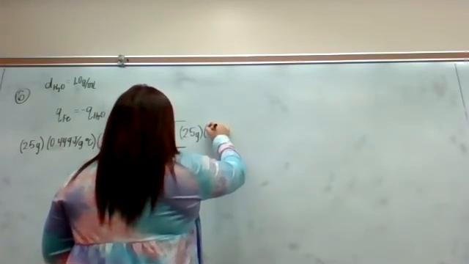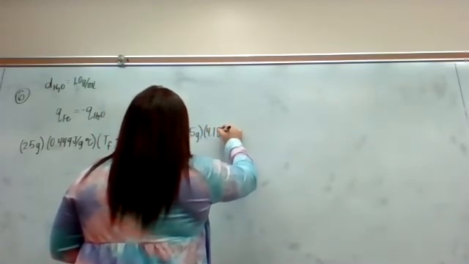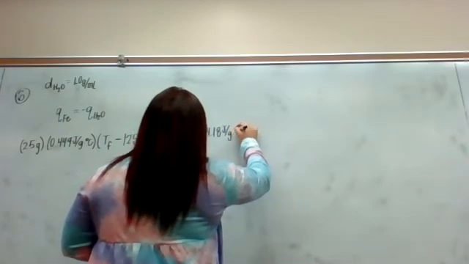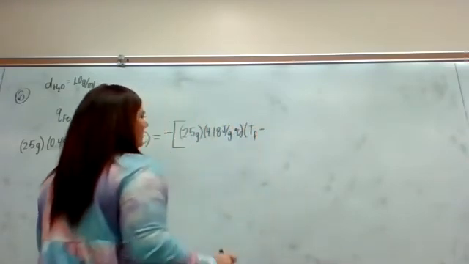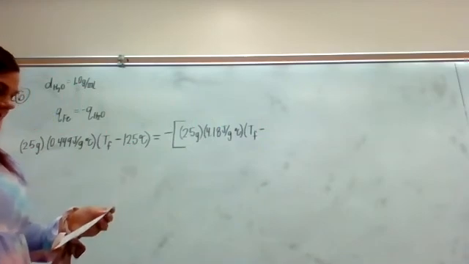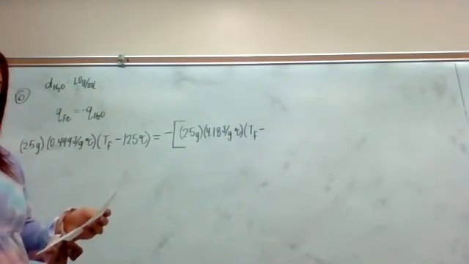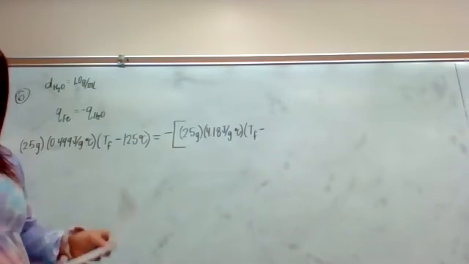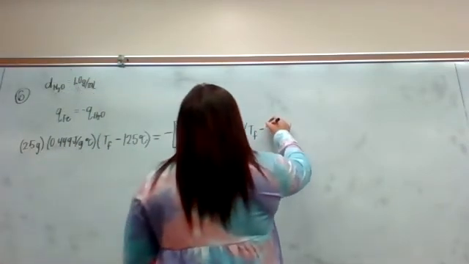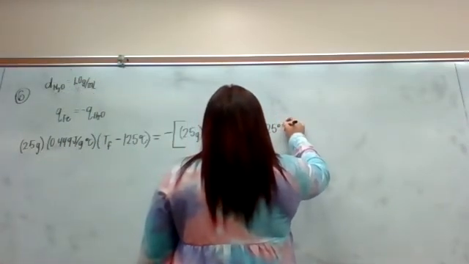Okay, then you plug in your specific heat of water. I don't know my final temperature. My initial temperature of water was also given to me in Kelvin. So again, say 298 minus 273, you get 25 degrees Celsius.